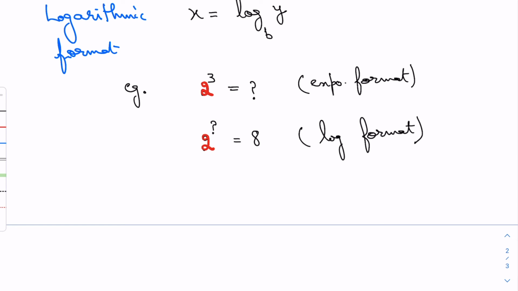The only difference is where this question mark is placed. And since we don't like the question mark in this awkward position, we have designed a specific format to write this thing. So how do we write this? We'll just say, what is log 8 base 2?